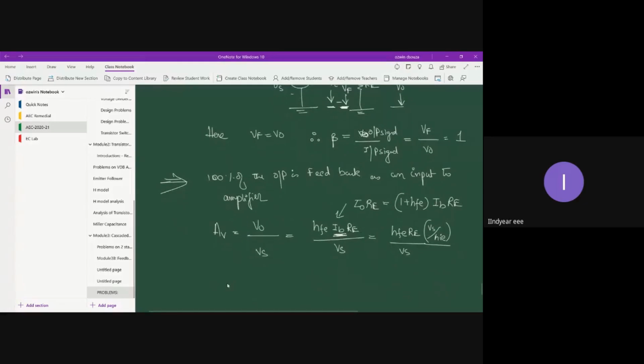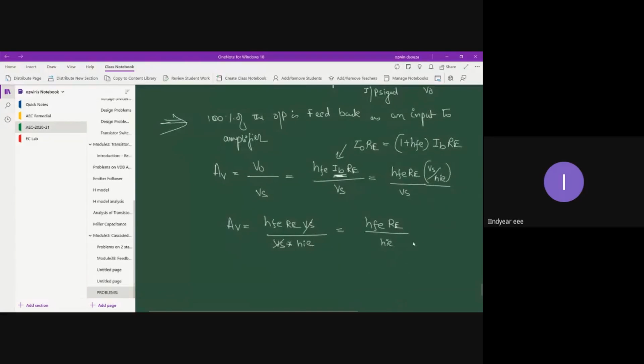So that gives the voltage gain as hFE RE VS divided by VS into hie. VS gets cancelled and you are left with the voltage gain expression as hFE into RE divided by hie. This is the expression for the voltage gain.